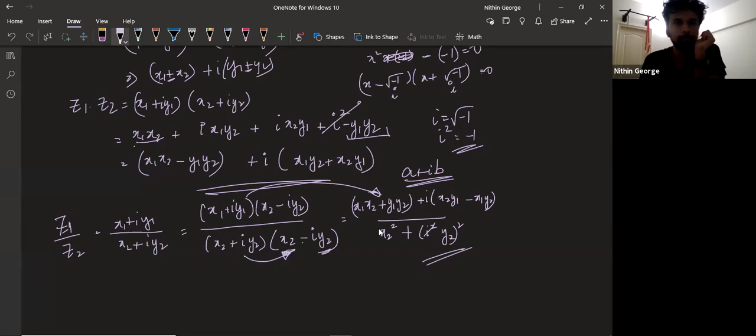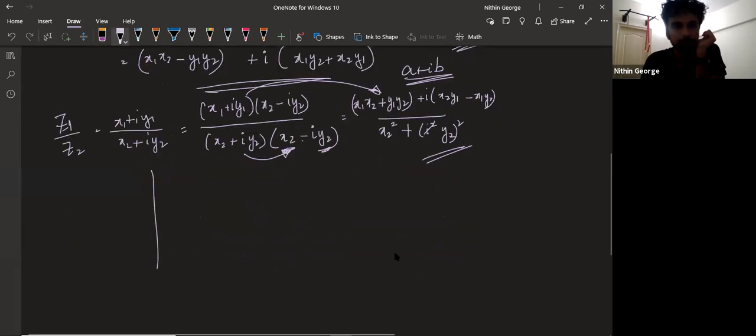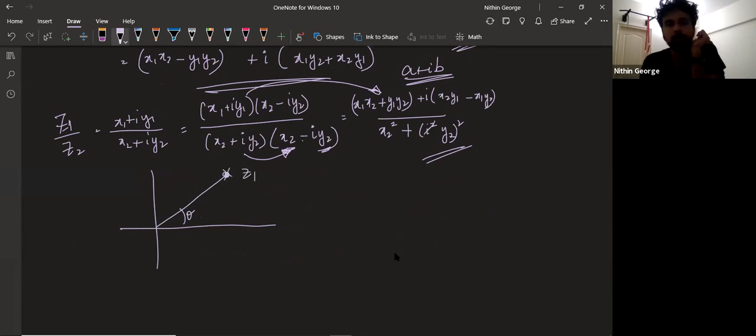All right. So the idea here is, once again, if you have a complex number here, call it Z1. So its conjugate is represented by Z1 bar. Where you get Z1 bar is pretty interesting.